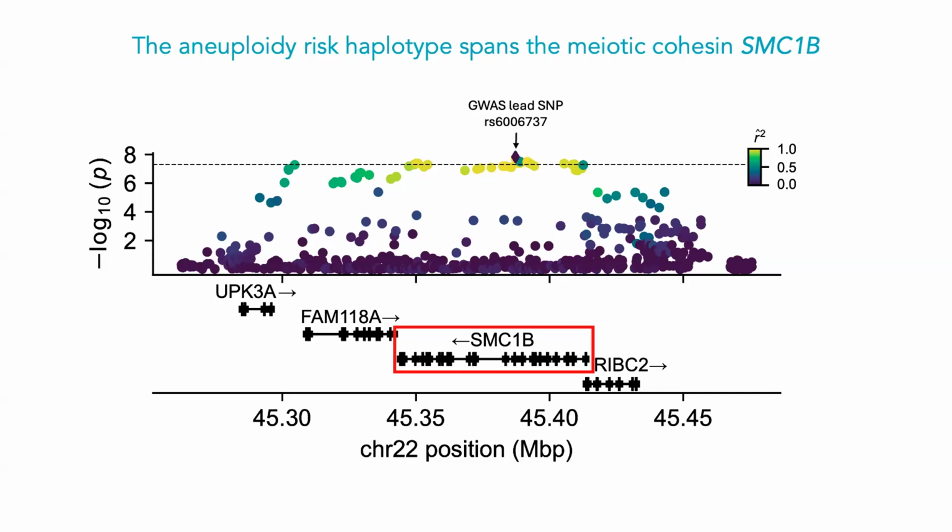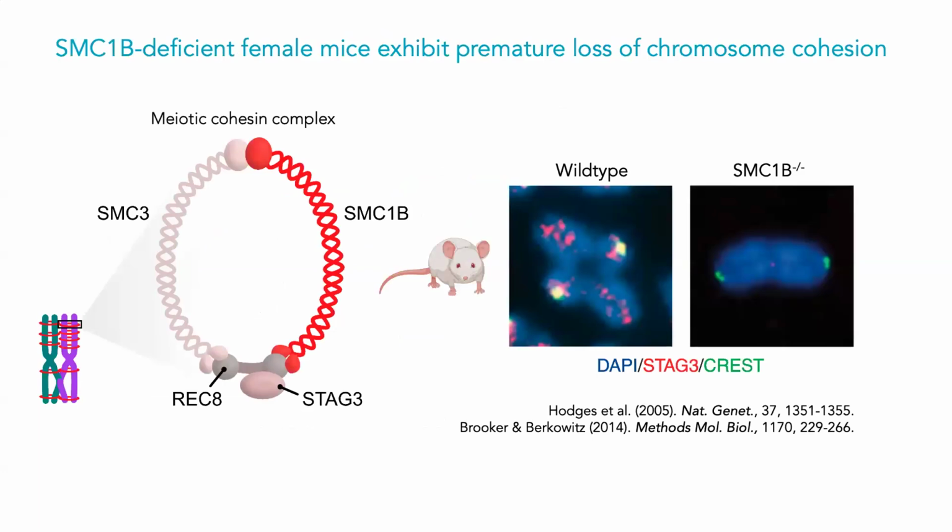And this really is our very clear candidate, because this gene is extremely exciting to us. That gene encodes a structural component of the meiotic cohesin ring, which I described to you in the introduction, is important for recombination as well as maintaining chromosome pairing during female meiotic arrest.